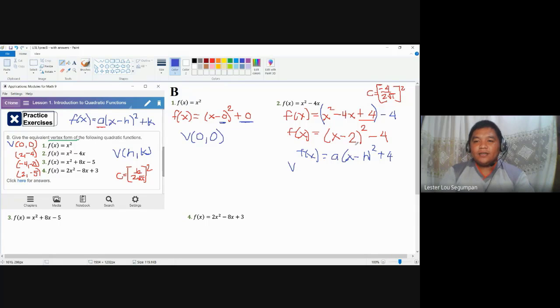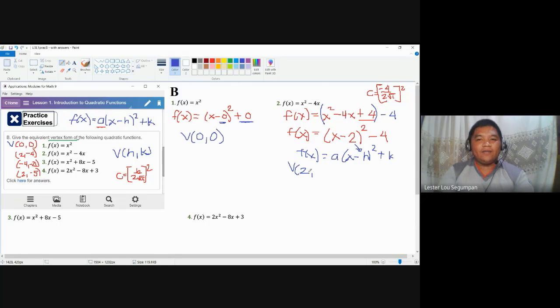This here is our h. And what should be our k if this is minus 4 and this is plus k? So we already have our h, x minus 2, x minus h. So you take the h, which is actually 2.